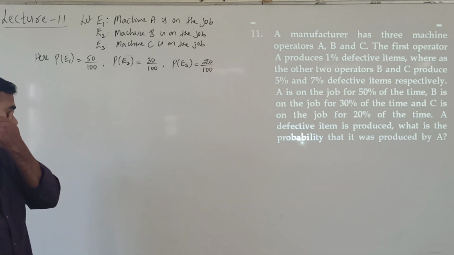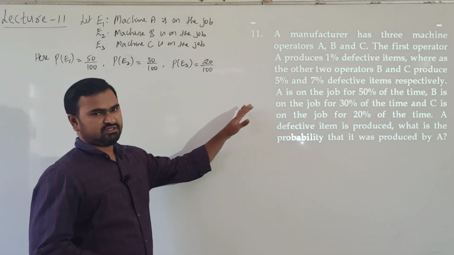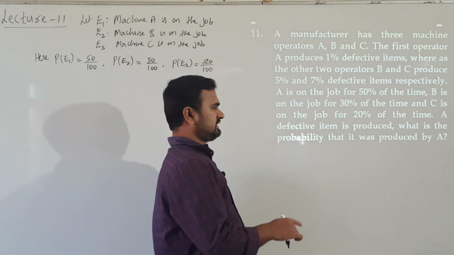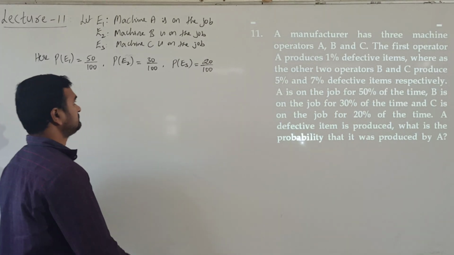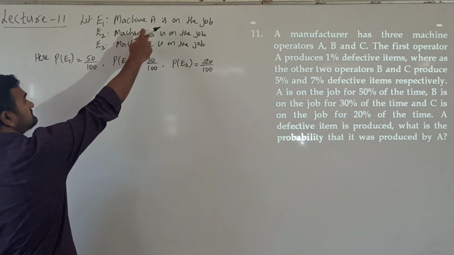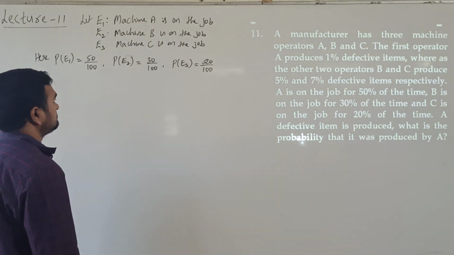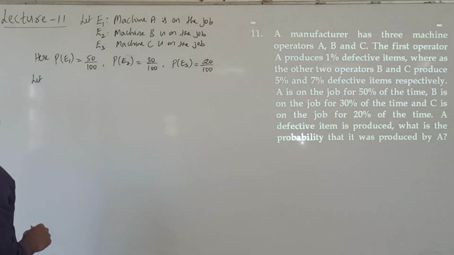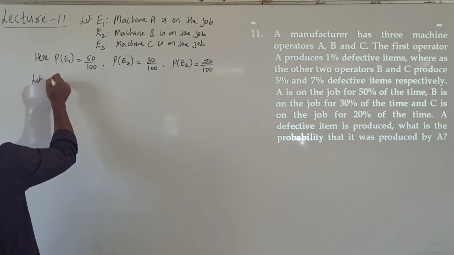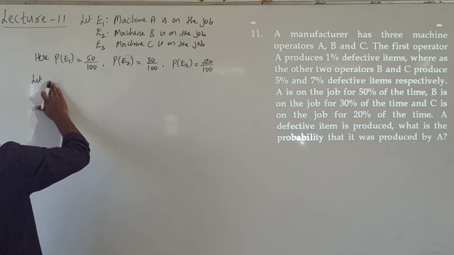Next, we have to define the common event. What is the common event here? Producing a defective item. So notation A is already used, that is named machine A. So let's take some other event.